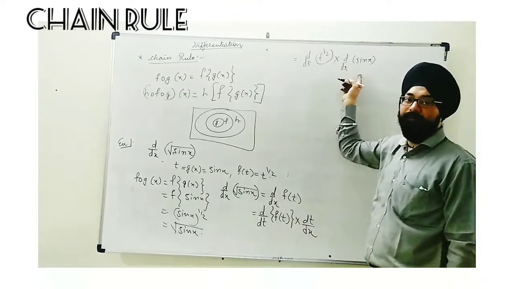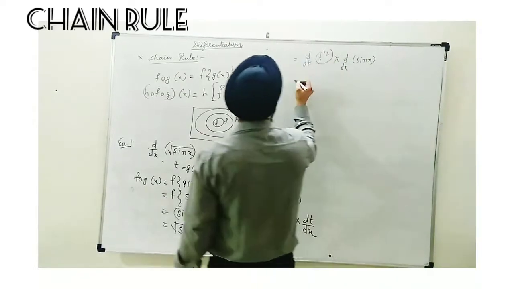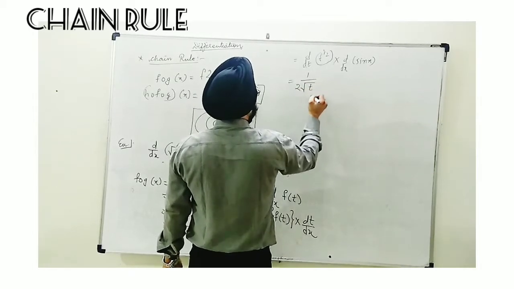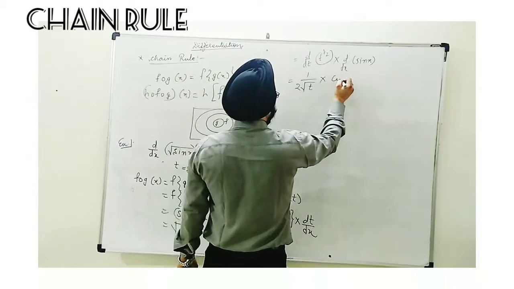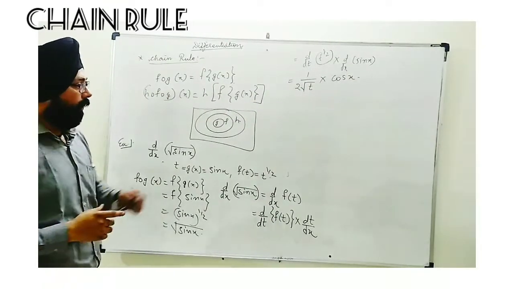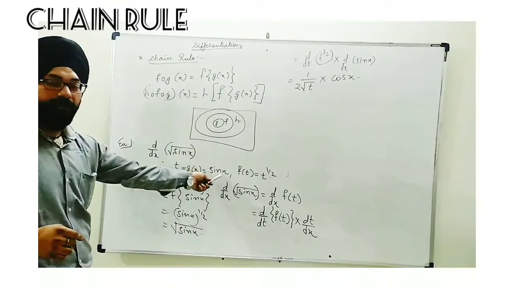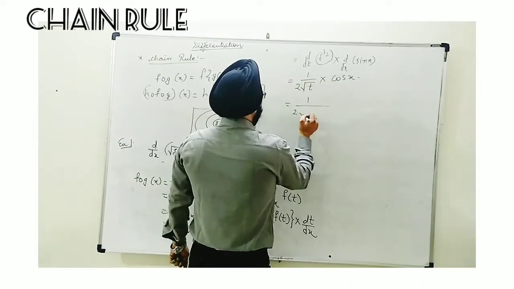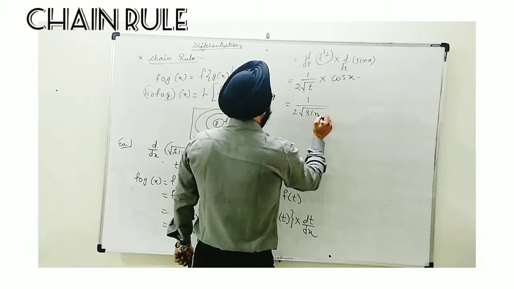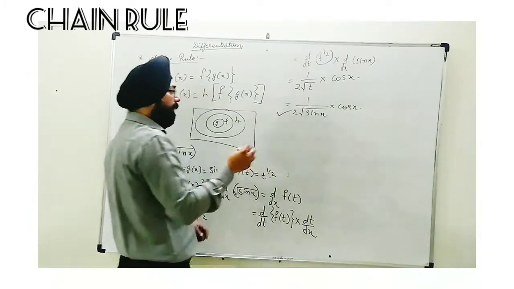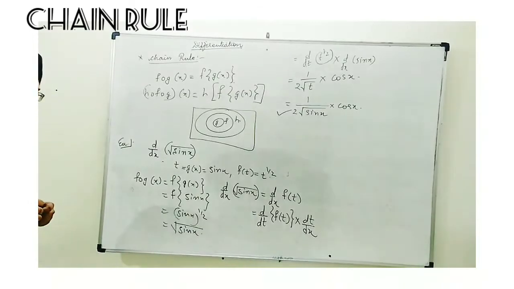Now we can easily differentiate both of these. It comes 1 upon 2 root t into the derivative of sin x, which is cos x. Now what is the value of t? Basically it was sin x. So we put 1 upon 2 root sin x into cos x. This is the final answer using the chain rule.